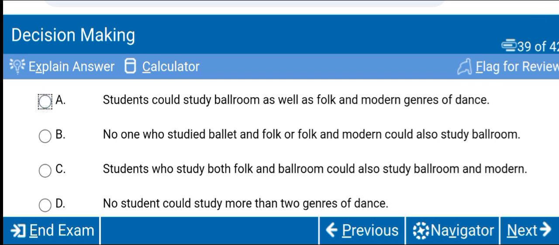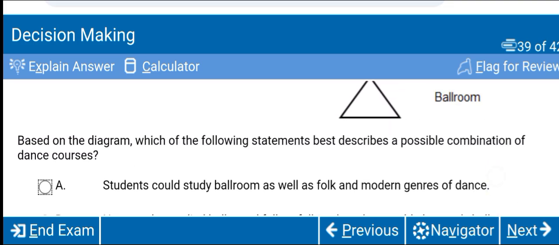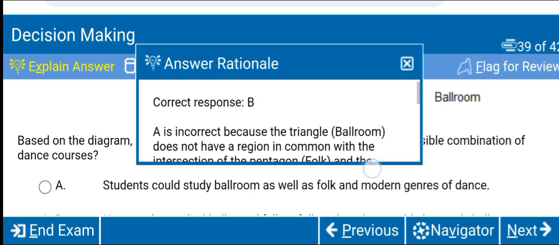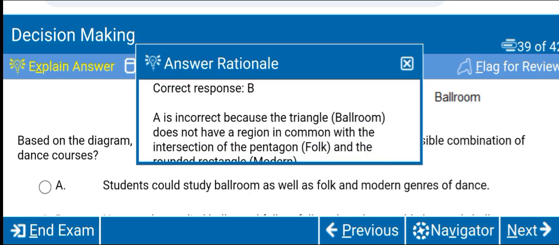Option D, no student could study more than 2 genres of dance. So here we have option B is the correct option.